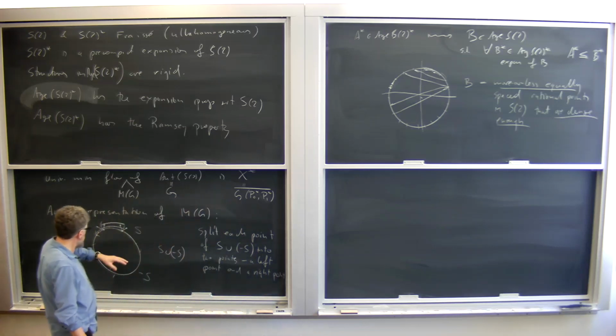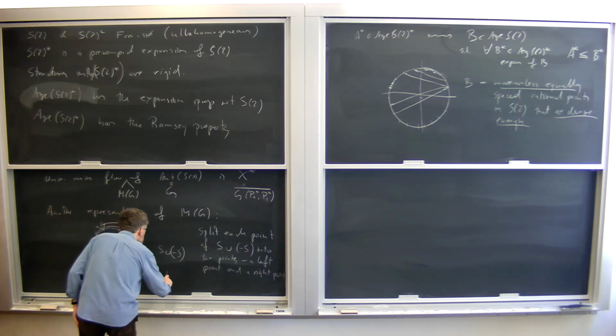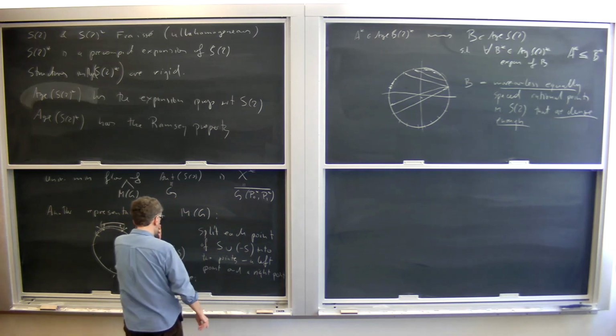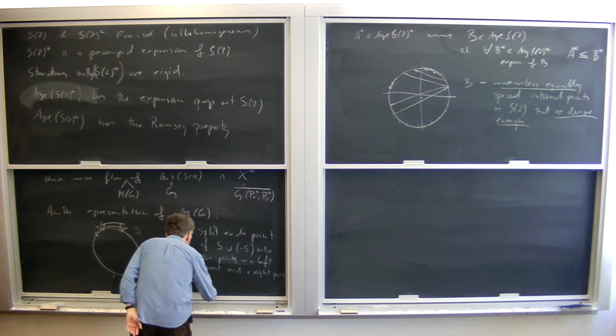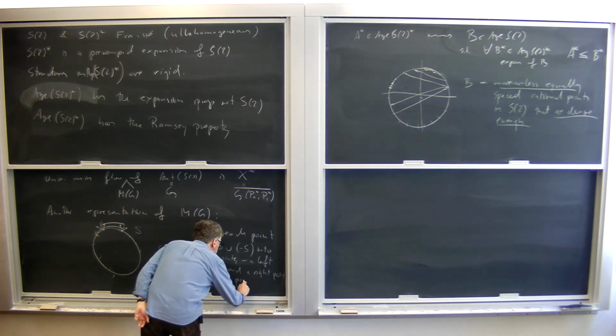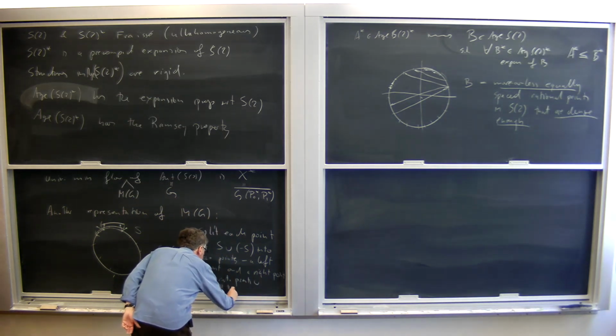And then take the whole circle: you take all the irrational points, and the space is all irrational points union all the split points.